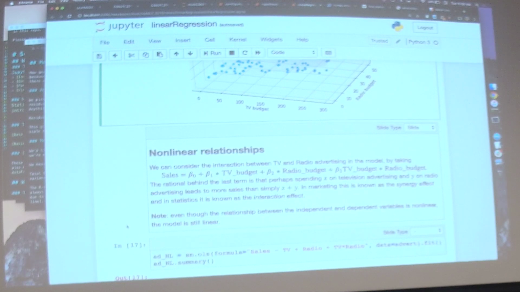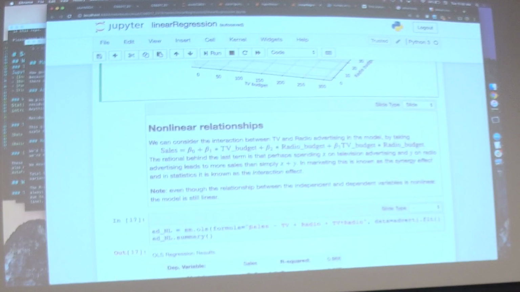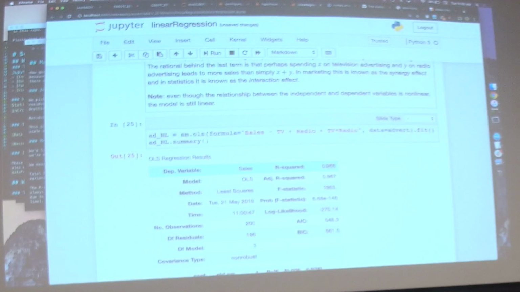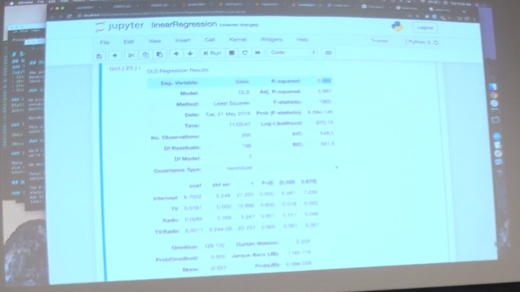Okay? So for example, if we wanted to look at this more complicated model where we have a third coefficient for TV times radio, which we think maybe is important for some reason, we can do that with ordinary least squares. None of the math changes. We look here, our R squared score jumped up by 7%. That's pretty good.